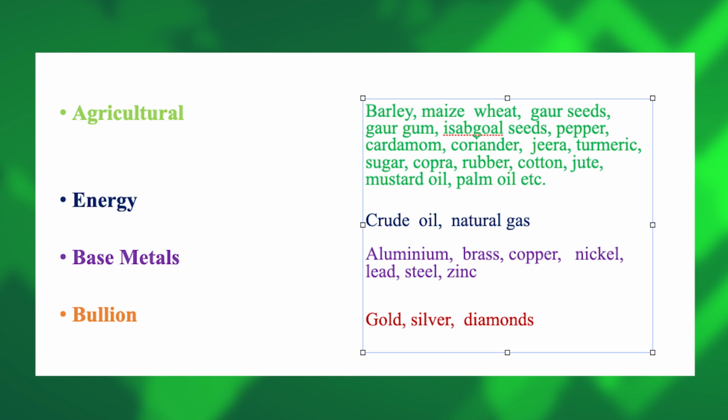The third category is base metals like aluminium, brass, copper, nickel, lead, steel, and zinc. And the last category is called bullion, which includes gold, silver, and diamonds.